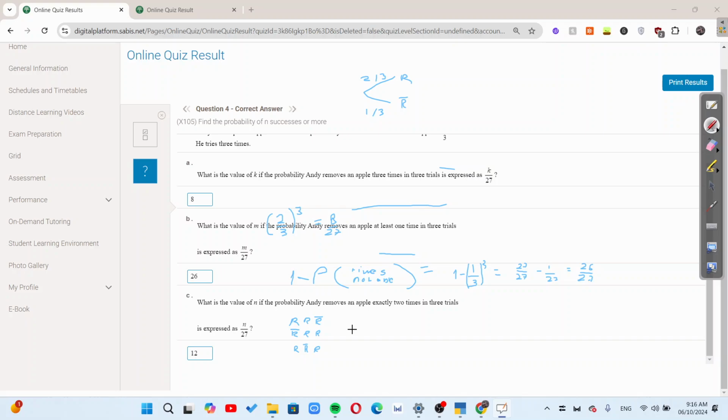So what you need to do is 2/3, which is your chances of him removing it, because you have 2 times where he does remove it. 2/3 power 2, because that's how many times he has to remove it. So you multiply it by the time he doesn't remove it, which is 1/3. You're gonna get 4 over 27.